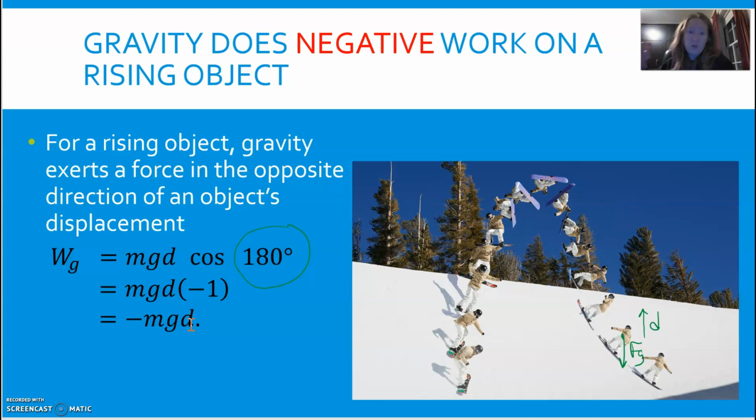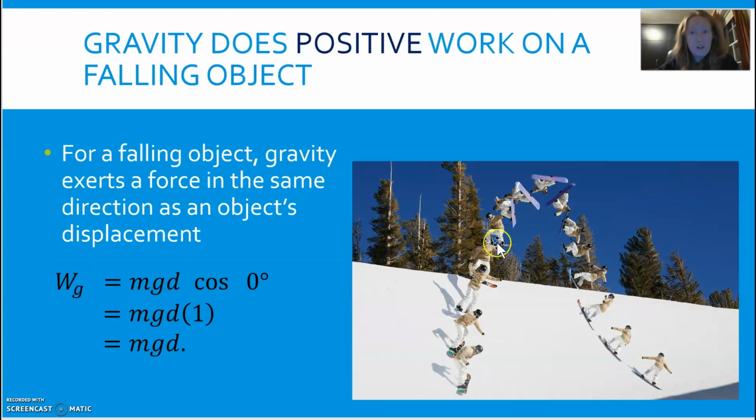And that way you can imagine a withdrawal of energy from that object. But on the way down, that force of gravity is doing positive work. So the force and displacement line up, and we have the object speeding up as it falls.